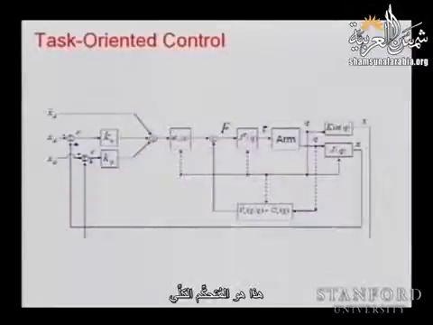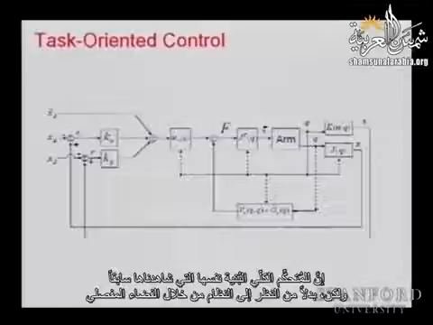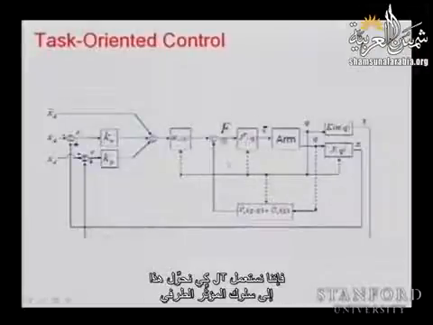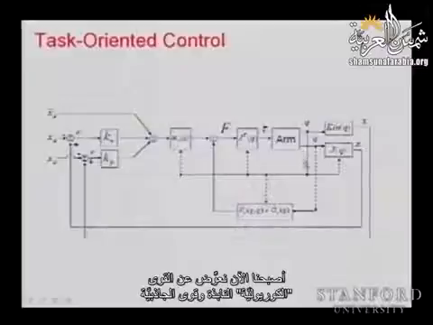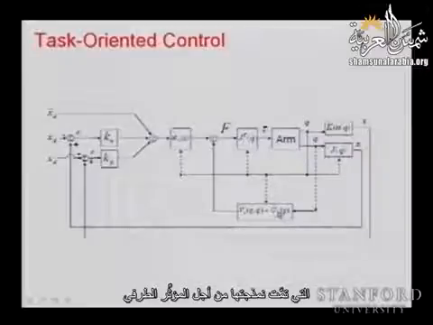So this is the overall controller. It's the same structure that we saw before, but instead of looking at the system in joint space, we are using this J transpose to transform this into the end effector behavior. And now we are compensating for centrifugal Coriolis gravity forces that are modeled for your end effector.